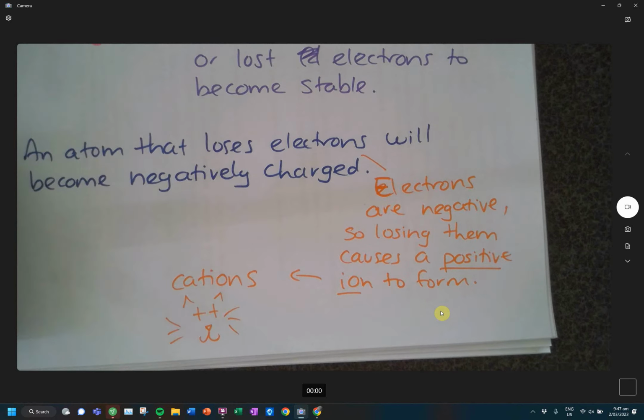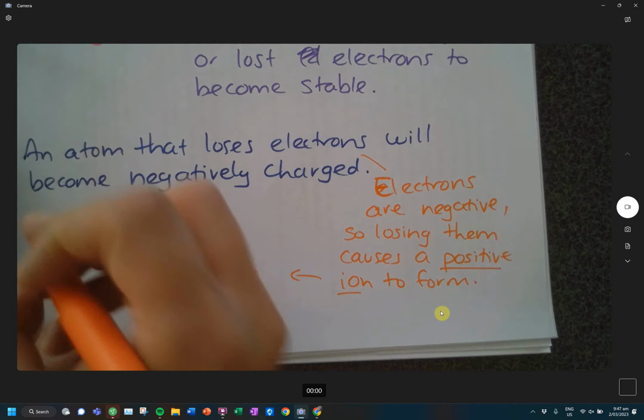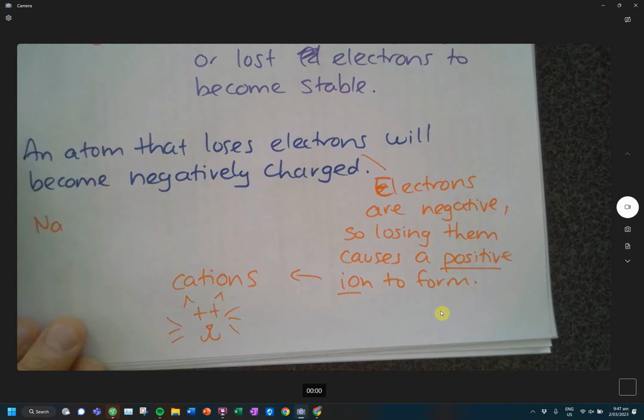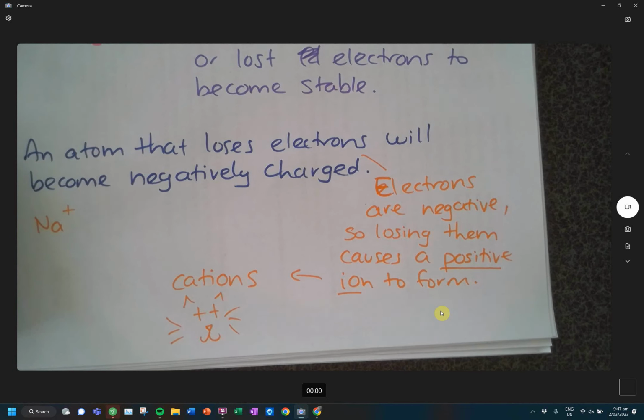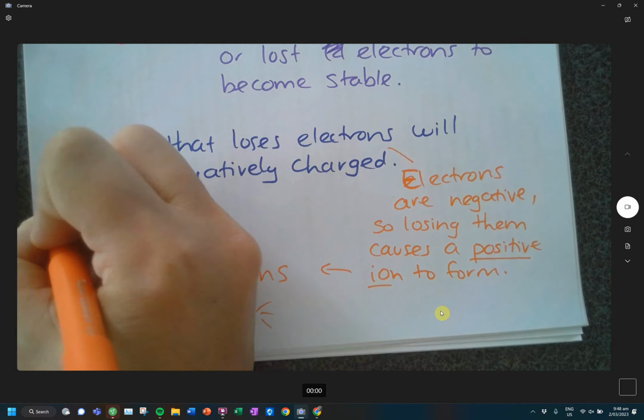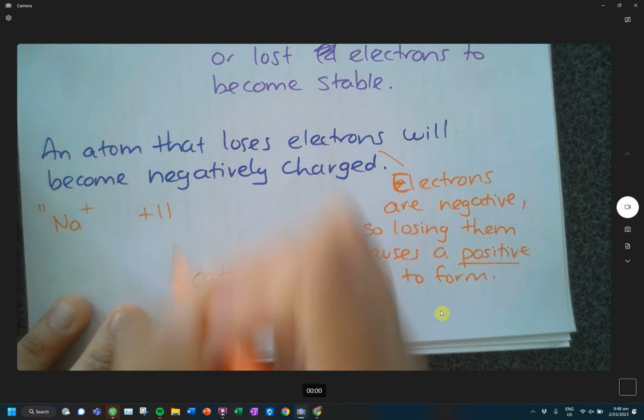Do you guys want an example of an atom that does that so we can understand why it's positive? You need an example? Okay. Let's say, for example, that I'm talking about sodium. So Na. And I'm talking about Na+. In this case, we have lost an electron. So if I look at the atomic number, it is going to be 11. Now, with that 11, that means I have 11 protons.